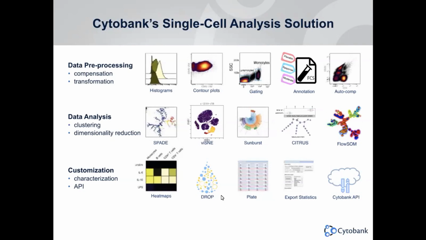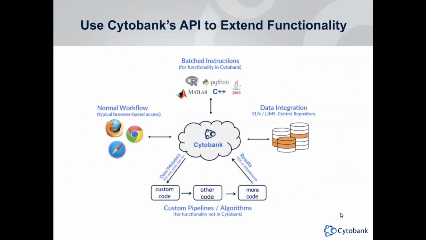There are a few other features in Cytobank that allow you to extend the functionality further. Job is the feature that allows you to convert non-cytometry data to FCS format so that you can analyze them with all the tools available here. Or you can run command line with the Cytobank API, the application programming interface, to interact with the data stored in Cytobank.